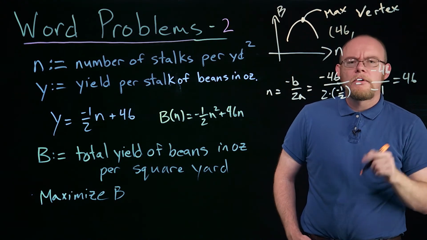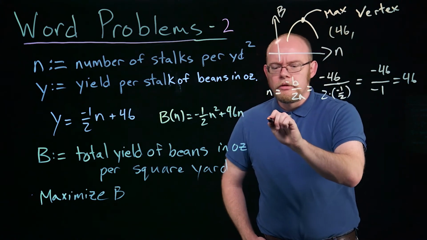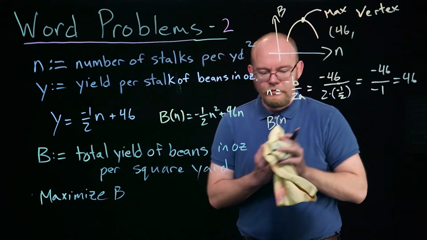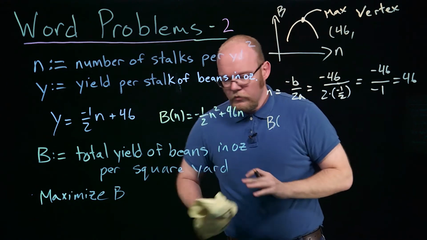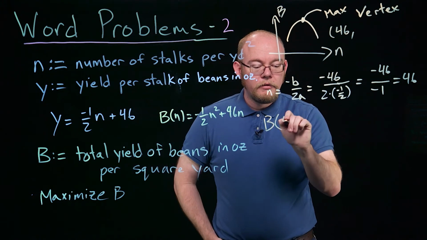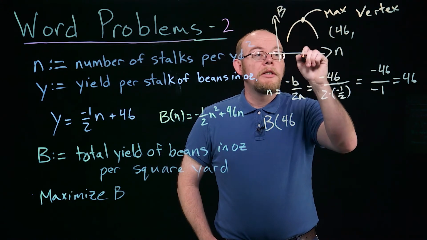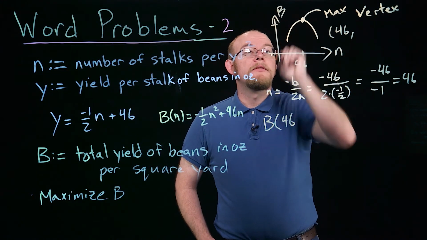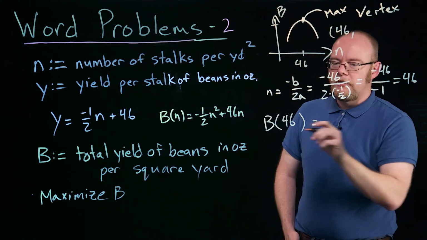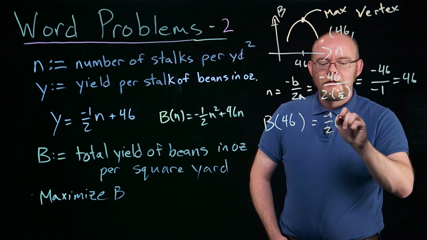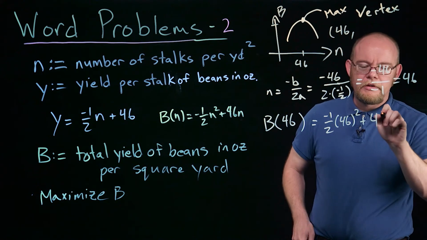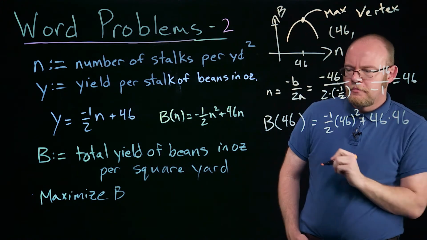Now to find the vertical coordinate, we just plug this in. So we get B of 46, because if we plug in 46 here, that'll give us the vertical coordinate. So we get negative 1/2 times 46 squared plus 46 times 46 again.